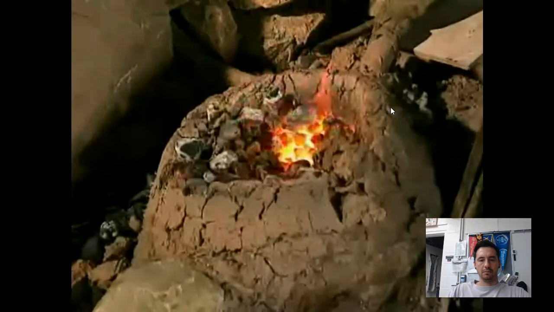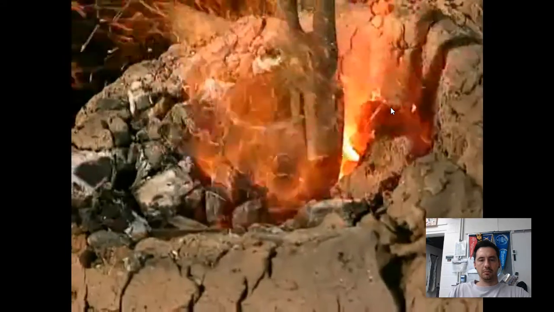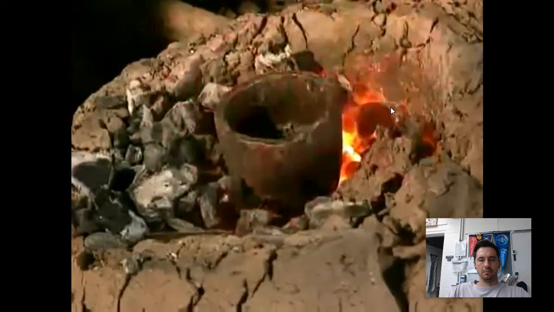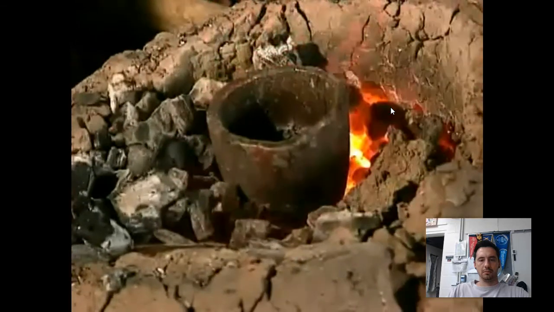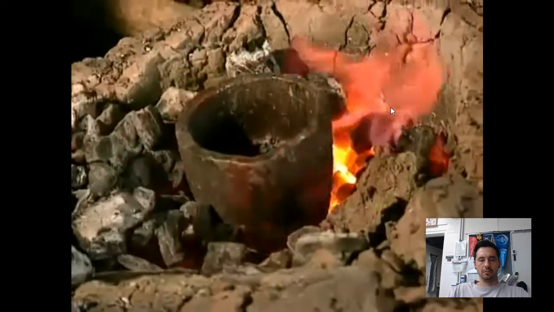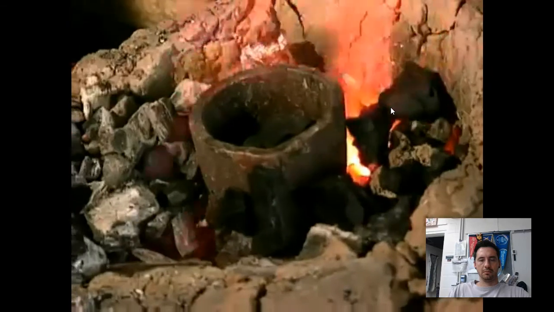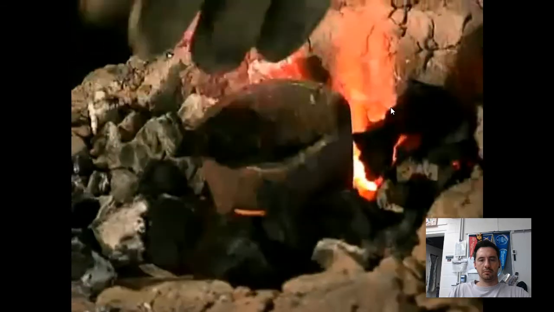Of course, they didn't know that in the Bronze Age, they just knew it had to be very hot. Air pumped in through bellows helps the furnace reach the right temperature. Then, in goes the crucible and it's covered with charcoal. The charcoal reacts with all the other elements in the malachite, leaving behind the copper.